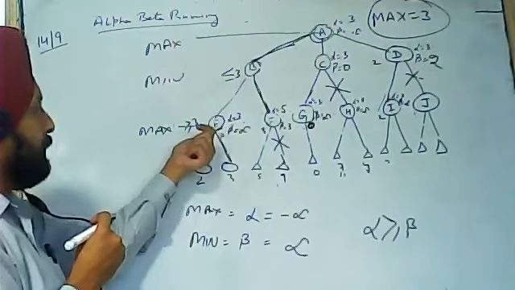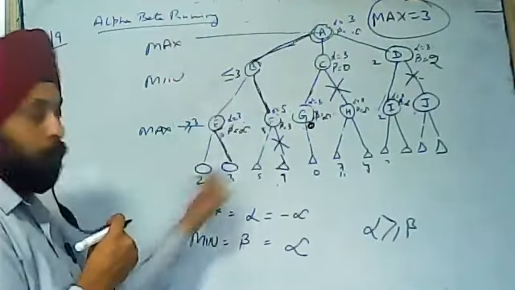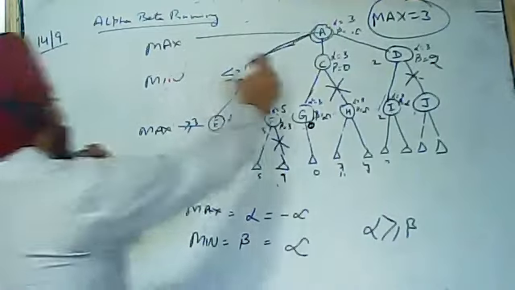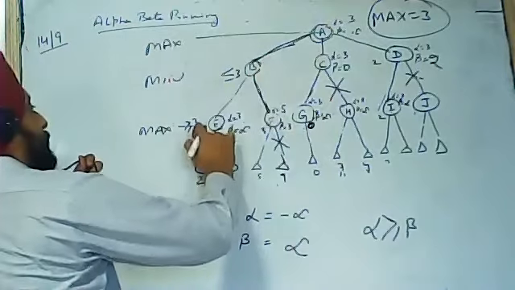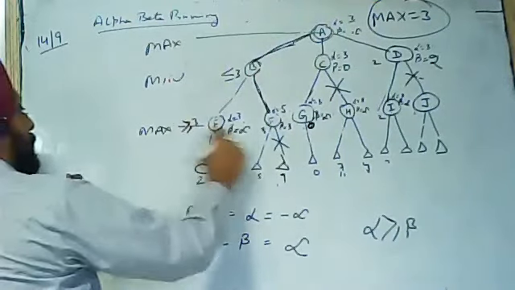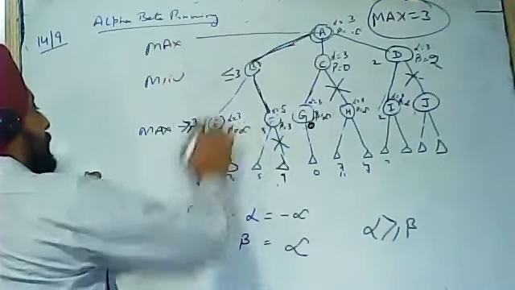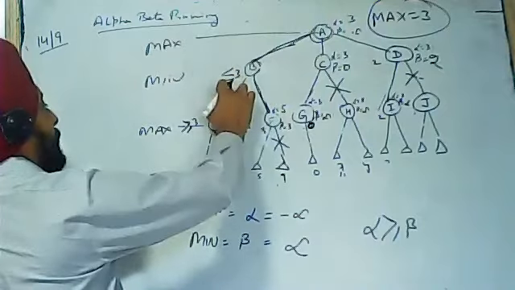So this will provide 3. So 3 comes here. If node values come upward, beta can get this 3. So here you apply greater than or equal to 3, meaning at this point the maximum value it can get is 3, and at this point the minimum value it can get is 3.